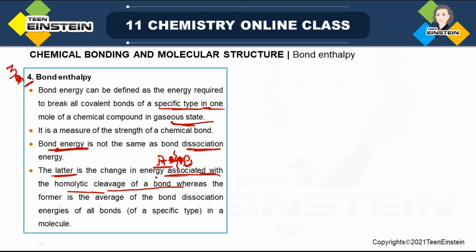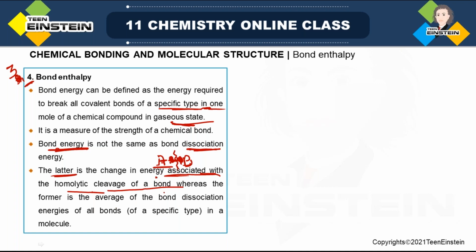So one A atom with one electron, one B atom with one electron. This is homolytic cleavage, similar type of cleavage. It is not ionic cleavage, where after AB bond breakage there is positive charge over one atom and negative charge over the other. No, it is not like that. It is homolytic cleavage. So the latter is the change in energy associated with homolytic cleavage of a bond.